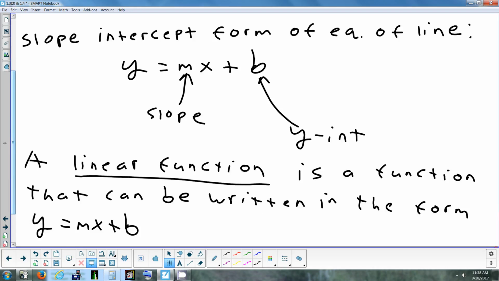Okay, so a linear function is any function that can be written in that form, y equals mx plus b. Okay, that's called a linear function because when you draw it, it's a straight line.